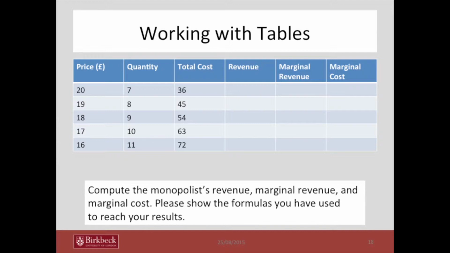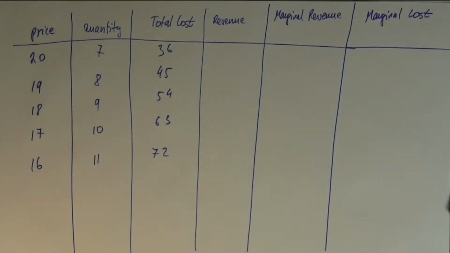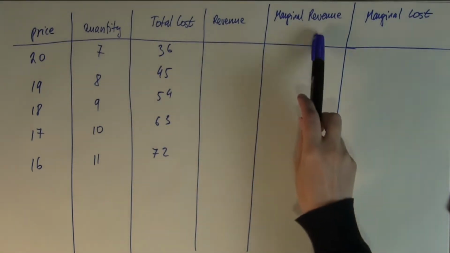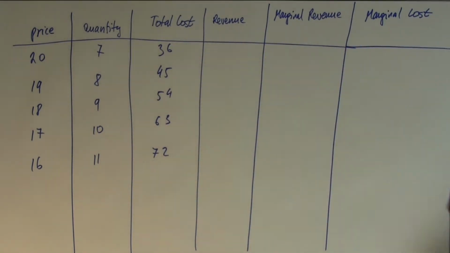So, the question is: compute the monopolist's revenue, marginal revenue and marginal cost. Please show the formulas you have used to reach your results. First of all, we need to be able to calculate revenue, marginal revenue and cost, and for those we need to know the correct formula.